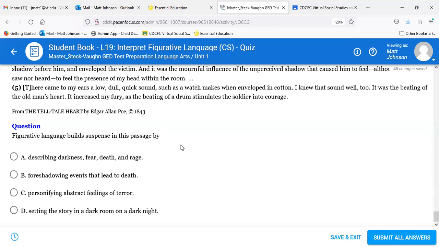Is it A or C? A? Yeah, it's A. We have a little bit of all of this in there. We're personifying death, not fear. And this is kind of foreshadowing the other stuff, but generally all of that is encompassed, right? The darkness, the fear, death, and rage. We find figurative language that deals with all of that.